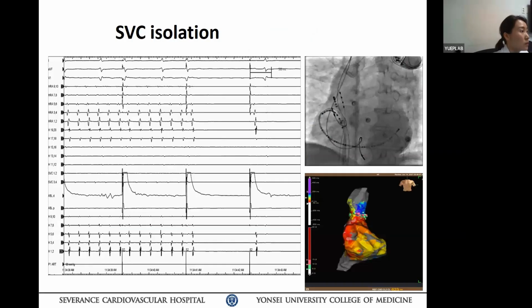Please tag which point was the phrenic capture area. Okay, then burn carefully, and during ablation you can keep pacing. In my case, you put your hand on the patient's chest to check whether there's phrenic capture or not.